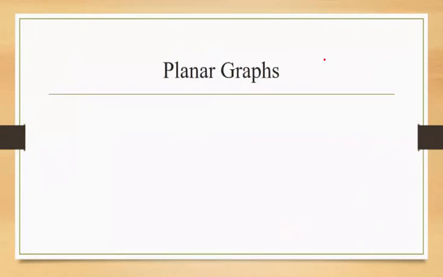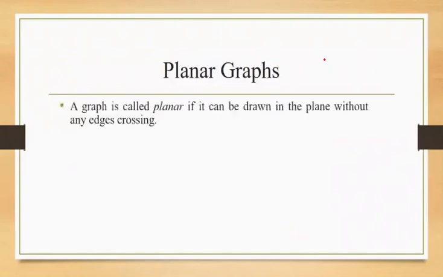Now before looking into the solution of that problem, we will see the definition of a planar graph. A graph is called planar if it can be drawn in the plane without any edges crossing. So what do we mean by crossing?